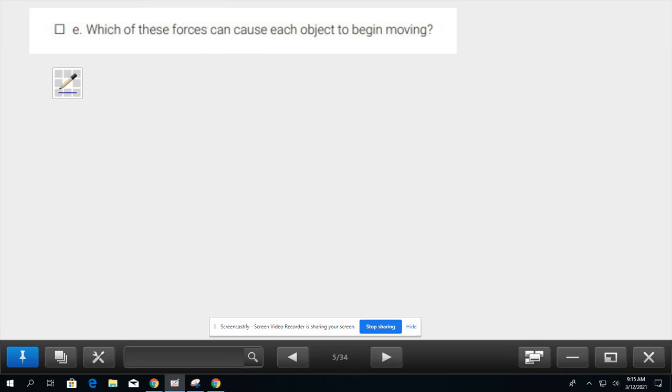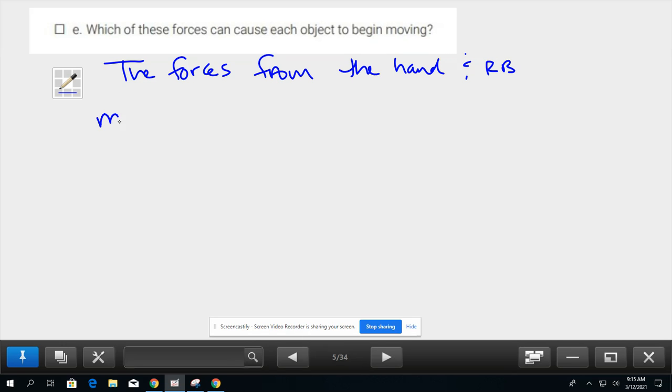So it's the horizontal force. The forces that come from the hand and rubber band move the objects horizontally.